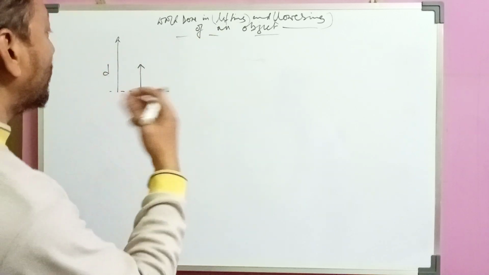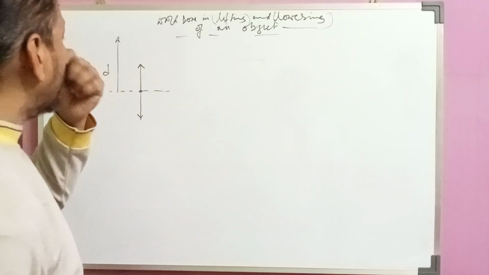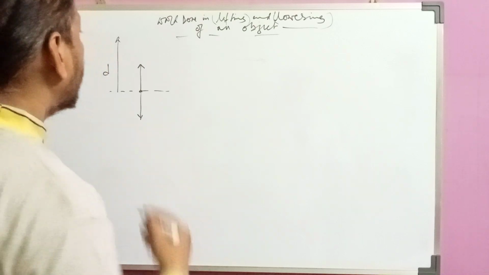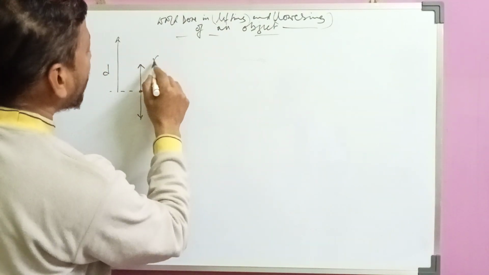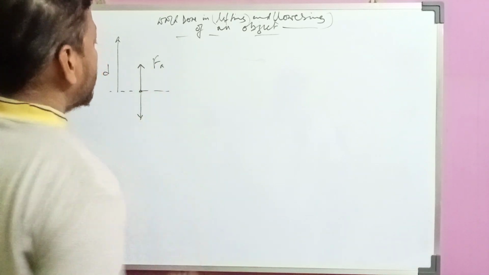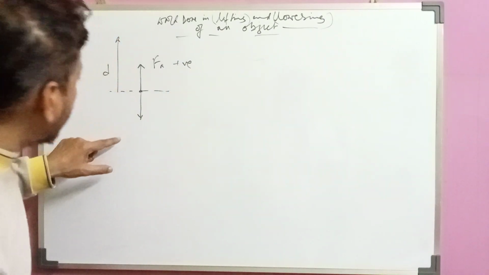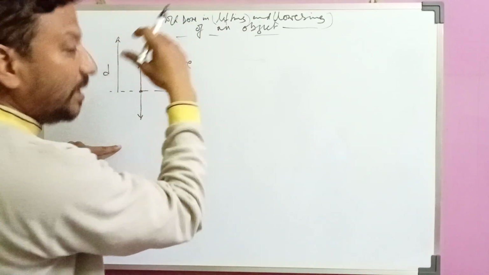What will be the scenario? Obviously when we are lifting, the power will be positive, the work will be the positive part. So the force, this acceleration is positive. Obviously we are going against this and we are overcoming the g part.